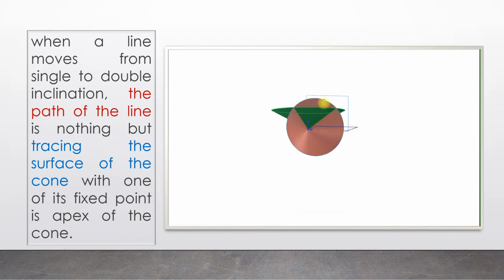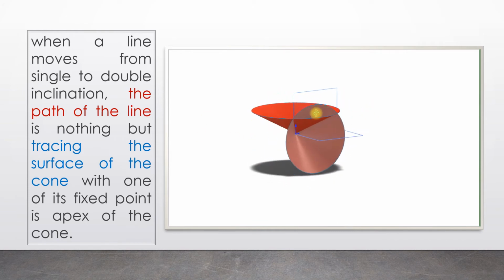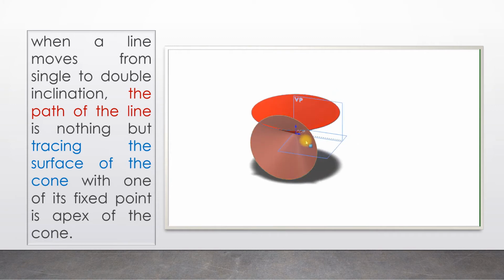So this common generator is nothing but a line inclined to both the planes.